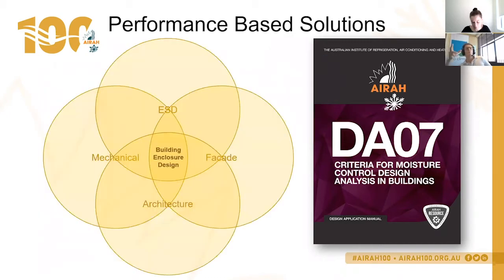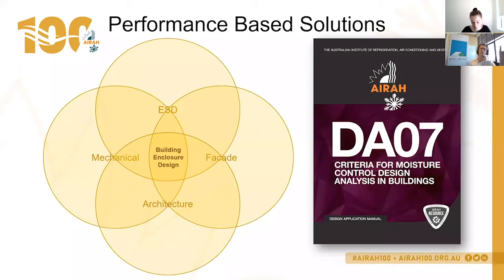Next. So what it is essentially doing is bringing together different disciplines in order to deliver more energy efficient, healthier, more durable buildings. We need the ESD, mechanical, facade and architecture all working together. The ESD engineers go out and specify an R value. An R value is not good enough. You need to know what the other properties of that insulation are.